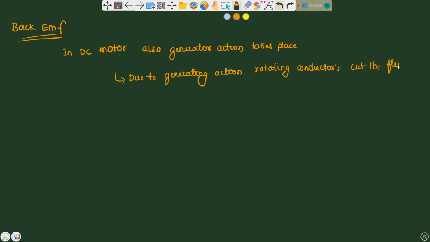So due to this, an EMF is induced. This EMF is called what? Back EMF. It always opposes the supply voltage.